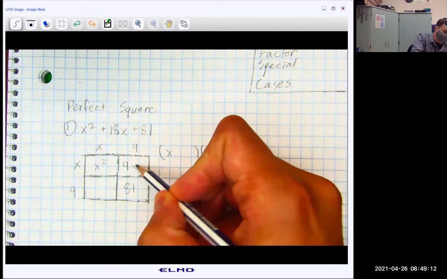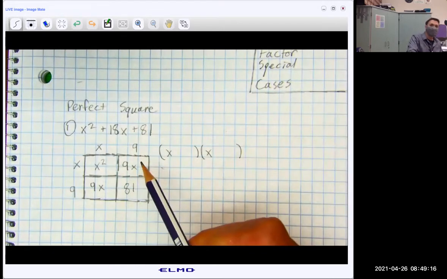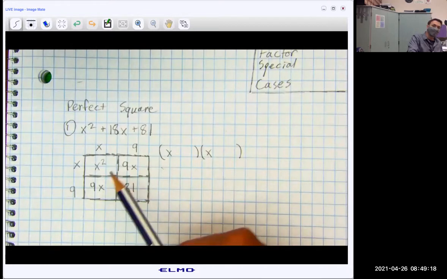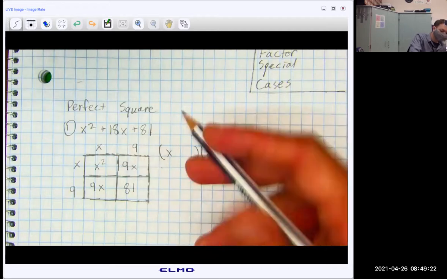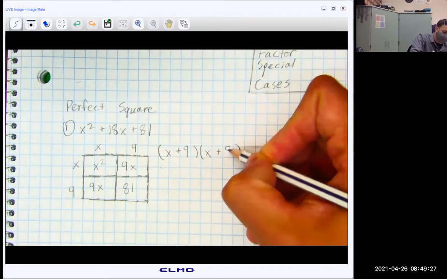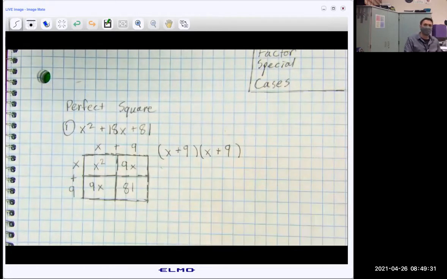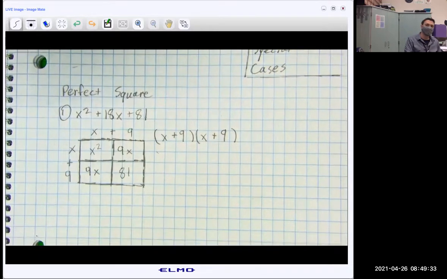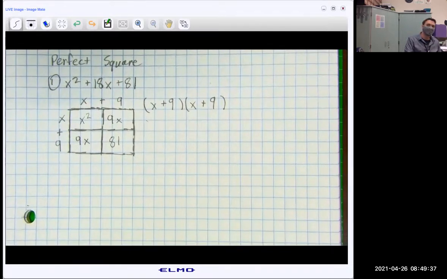So if I fill in my rectangle right here, it looks like we're going to have 9x in both of those. So this is how they created that polynomial. And they're all positive, so this is plus. So they did x plus 9 times x plus 9. Does that make sense? Any thoughts, questions, wonderings on that?